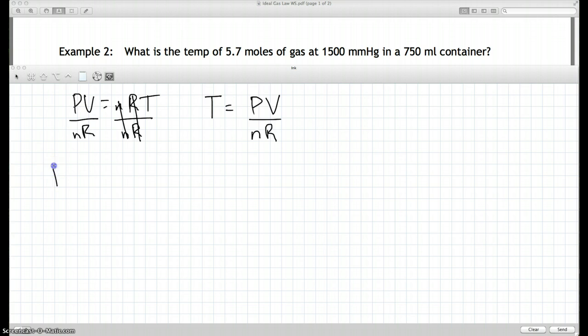Well, the first one, pressure. Pressure is given right here, 1500 mmHg. If you remember, I said that the ideal gas law is very specific in the units it uses.